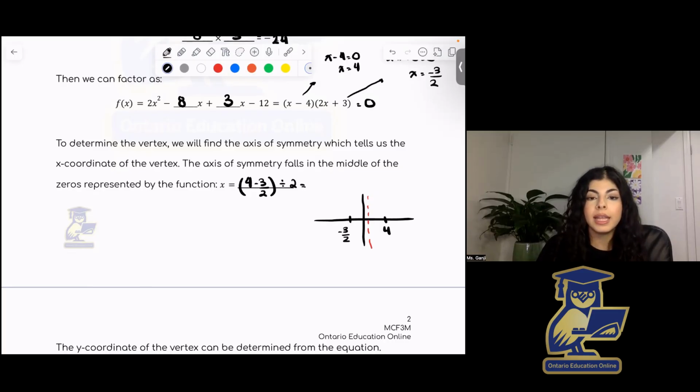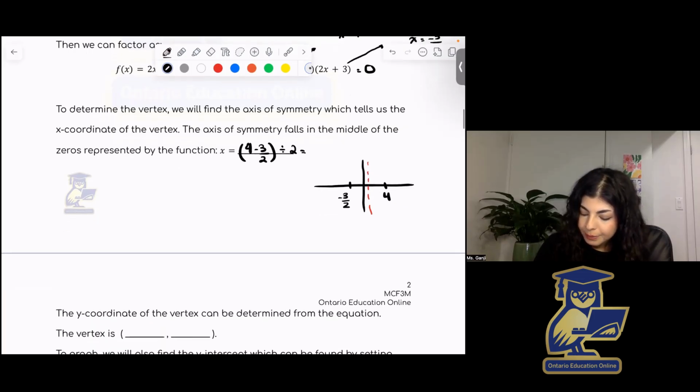So we're pretty much finding the average because the axis of symmetry is pretty much the average of the zeros because it falls in between both of them. So here we get 5 over 4. And that division by 2 is also times half. So if you're more comfortable with fractions, you should have got that answer.